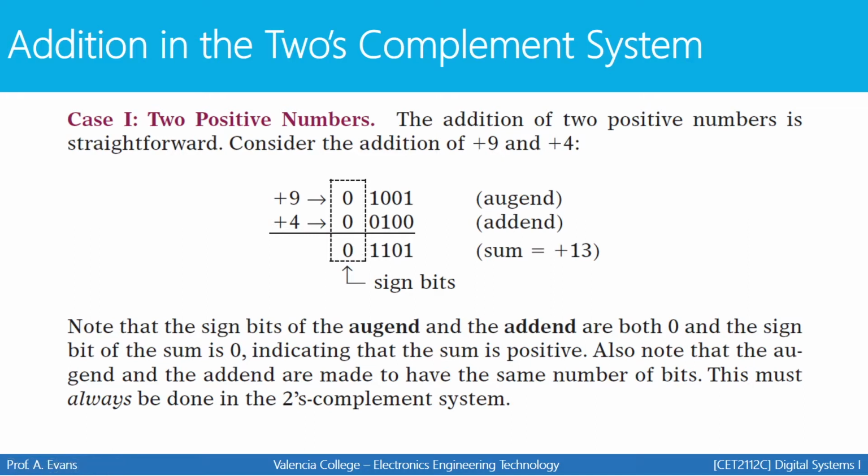And if we think about our answer, this would make sense. 9 plus 4 gives me 13, and this number is 13 in binary. So when you have 2 positive numbers, you don't have to worry about much unless you're adding 2 numbers together where the sum is going to be too big for the space you have to store it. That's called overflow, and we'll go over that in a little more detail in a second.